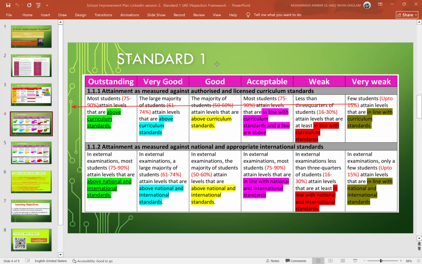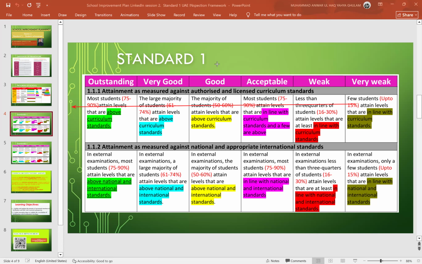So, for example, any one of us is an acceptable school, let's suppose. Most of the students, I already told you, most refers to 75 to 90% of the total population or total numbers.